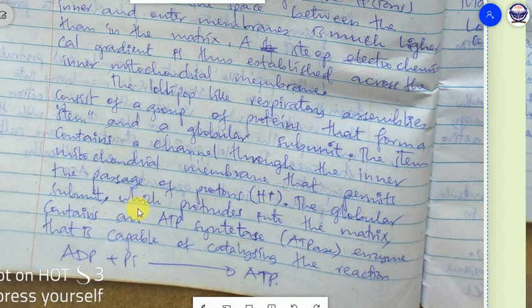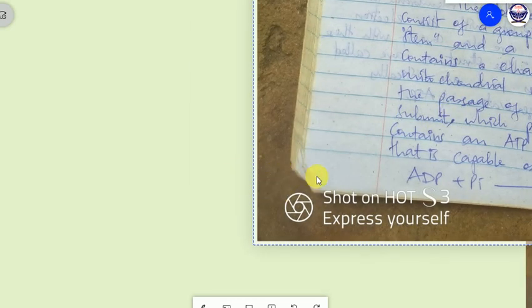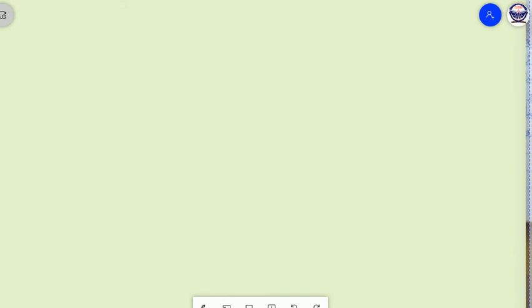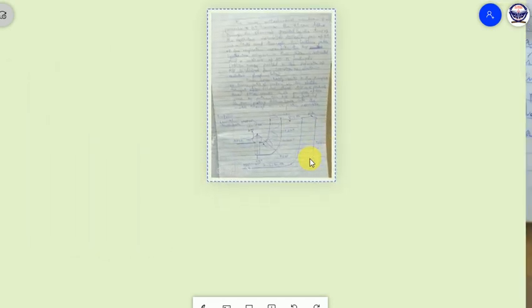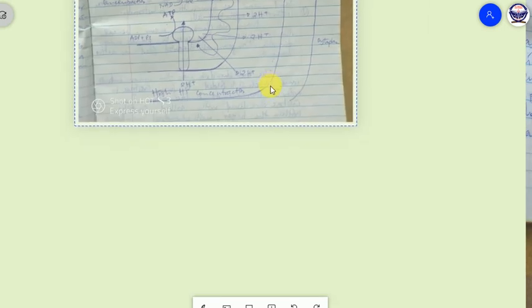The globular subunit, which protrudes into the matrix, contains an ATP synthase enzyme that is capable of catalyzing the reaction ADP plus phosphate to form ATP. So this is the explanation of the detail about the electron transport chain and the Chemiosmotic Theory, which suggests how ATP is produced during the electron transport chain.